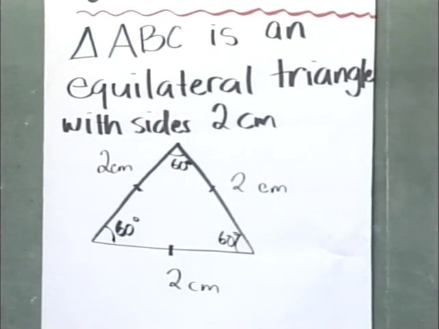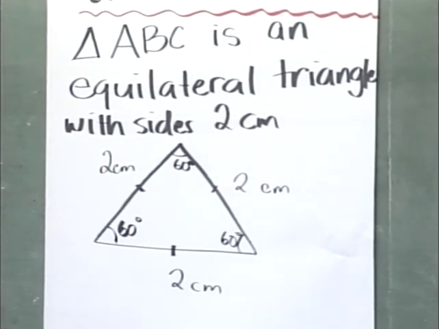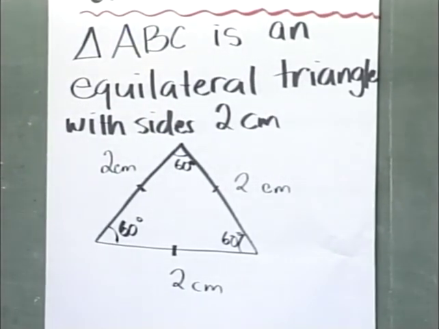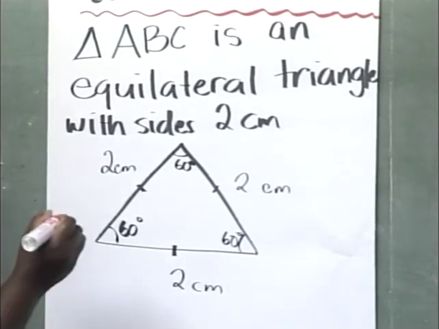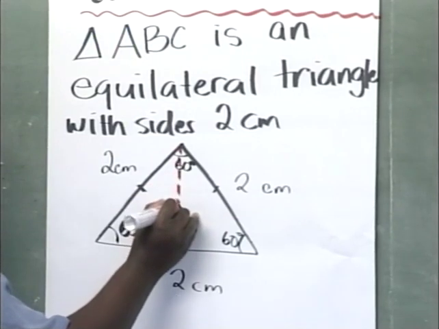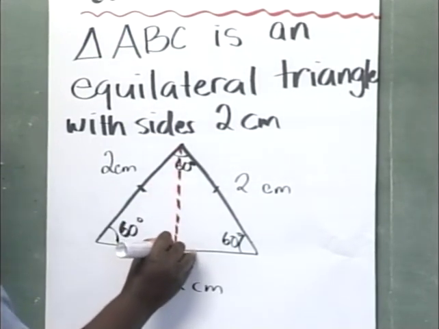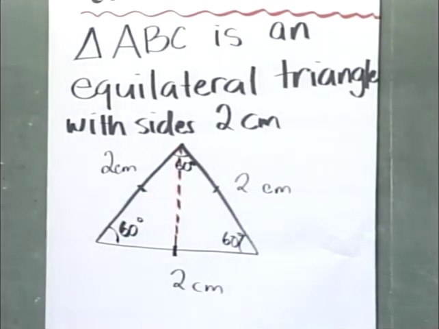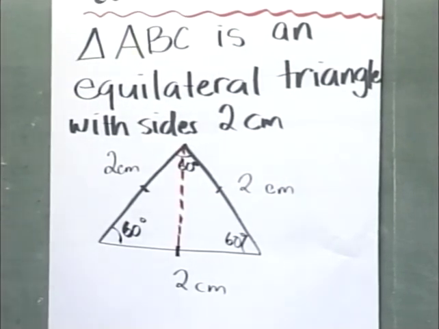In an equilateral triangle or an isosceles triangle, if I draw a perpendicular line from one of the vertices, it will bisect the base.